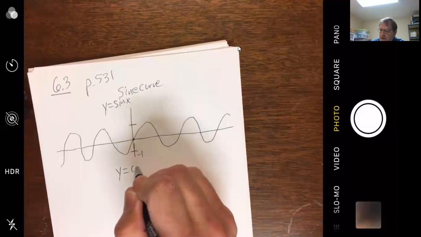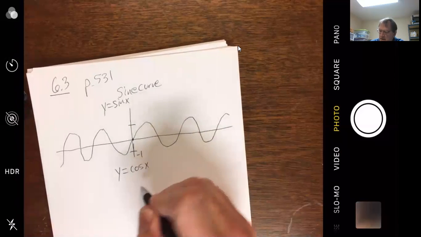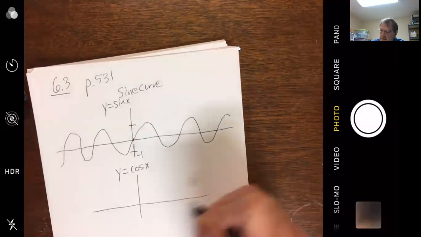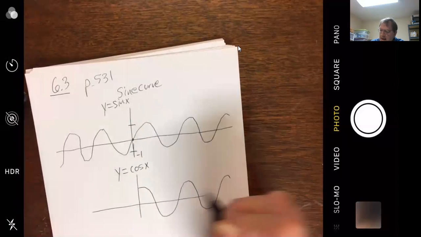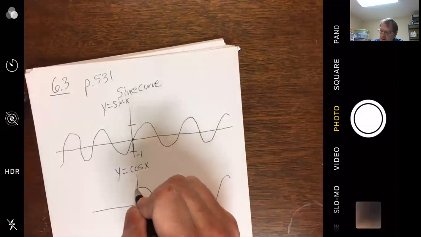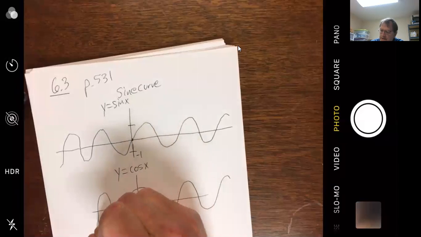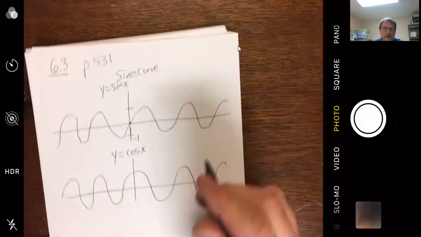Y equals cosine. They're both generically called sine curves, but if it technically comes from the cosine, it starts high, it's up and down and up and down. In effect, this peak has been shifted back 90 degrees. So you can get a sine curve from a cosine formula if you show the right horizontal shift.